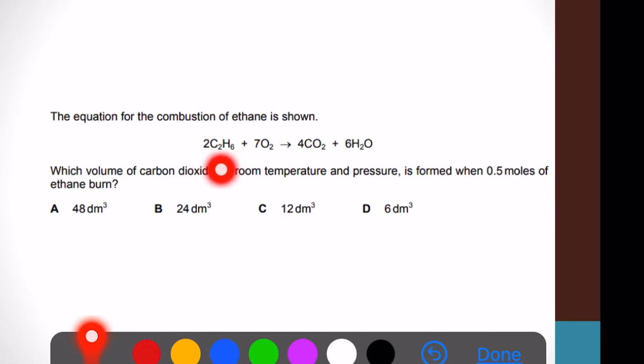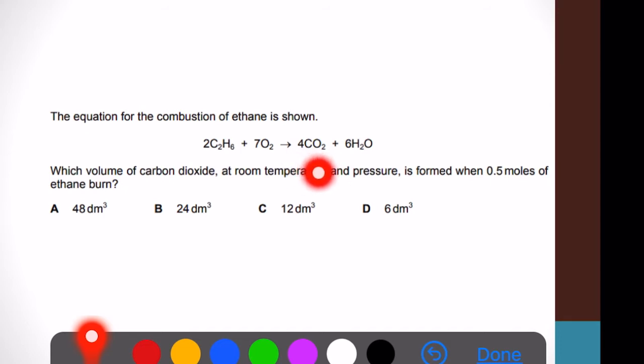And they are telling us the moles of ethane. We will again use the moles bridge. Moles are given. We will check the ratio between ethane and carbon dioxide moles. You can see 2 moles of ethane are producing double moles of carbon dioxide, right? So 0.5 moles of ethane will also produce double moles of carbon dioxide. Double 0.5, times 2, will be 1.